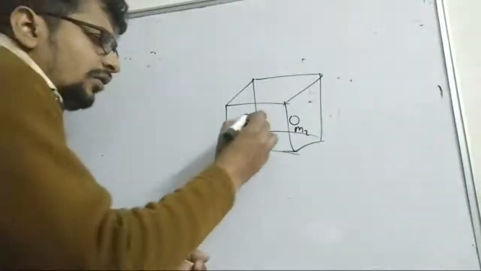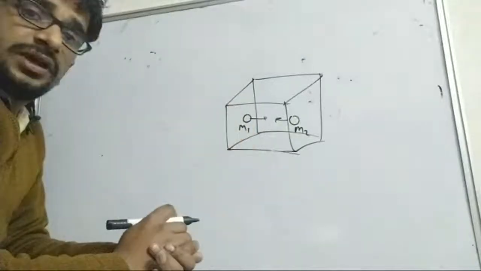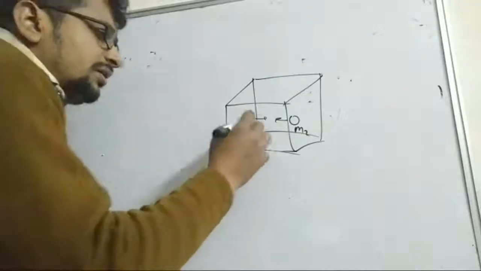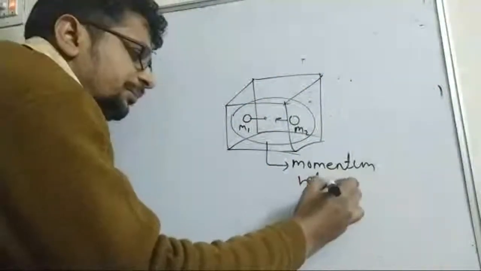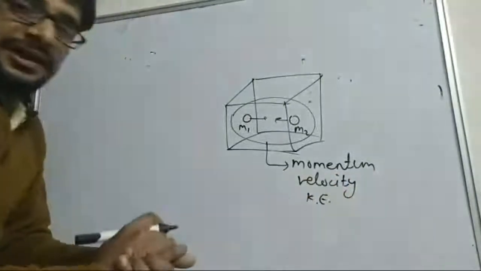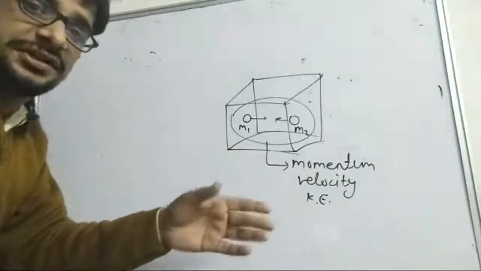Let's take the example of collision, which is very famous. Let us have two mass particles, m1 and m2. Now these particles collide, and collision is the basic property of any phenomena. During this collision we have some velocity, kinetic energy, or maybe other physical quantities can be studied.